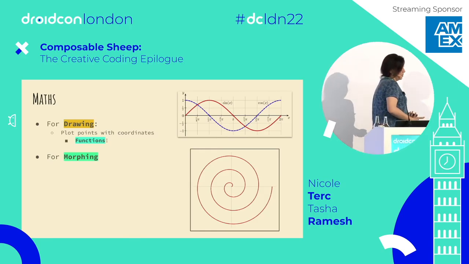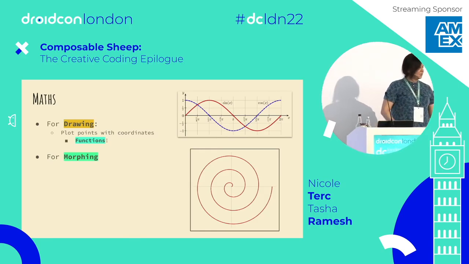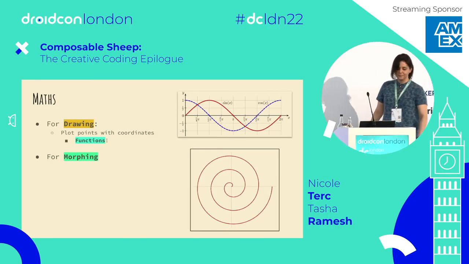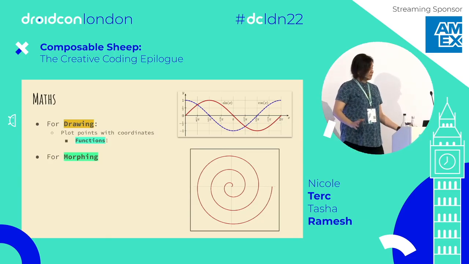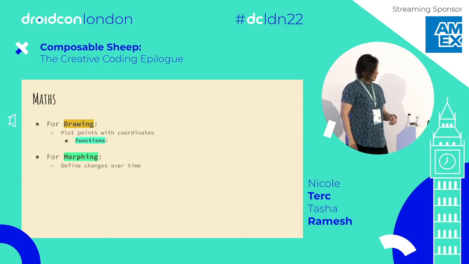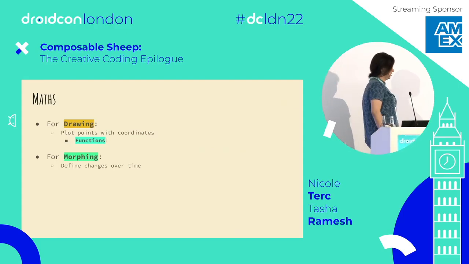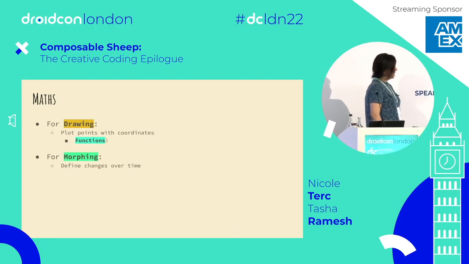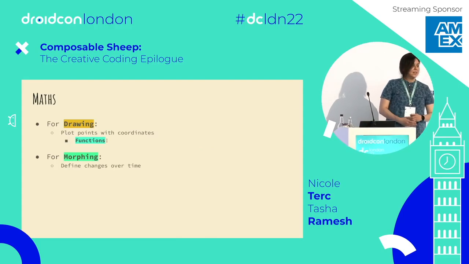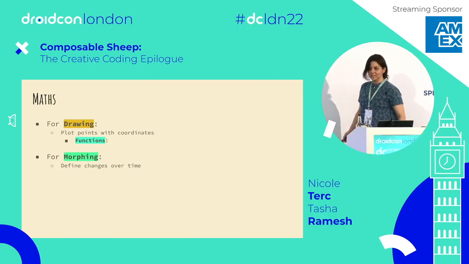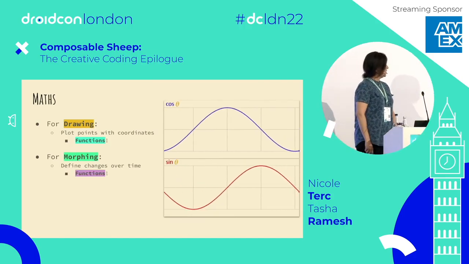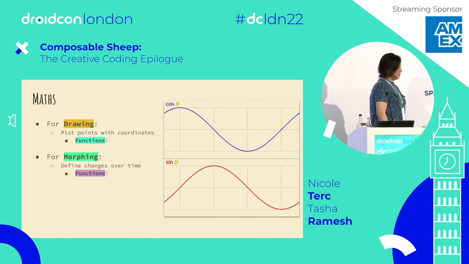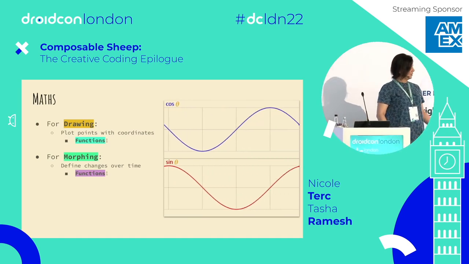We're going to be using functions to plot waves, to plot spirals, to plot things found in place. Now that we have things drawn using these functions, for morphing, we're going to use them to define changes over time. Now, again, if you recall your high school classes, most of the changes over time using these things also work with functions. So in summary, maths is going to be used to graph functions, plot them, and consume them.